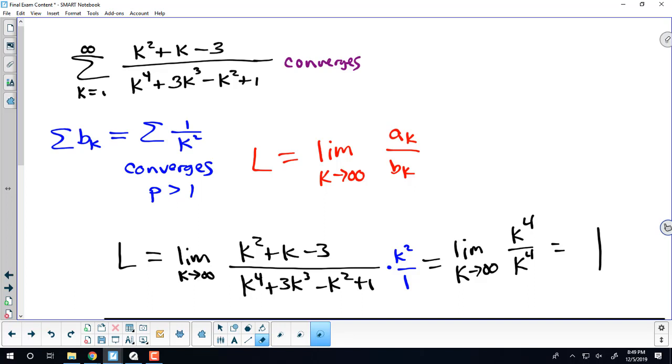If the limit is 0, then we know that B is growing much more rapidly. And if B grows more rapidly, and B is a convergent series, then A has to converge as well. If that makes sense.